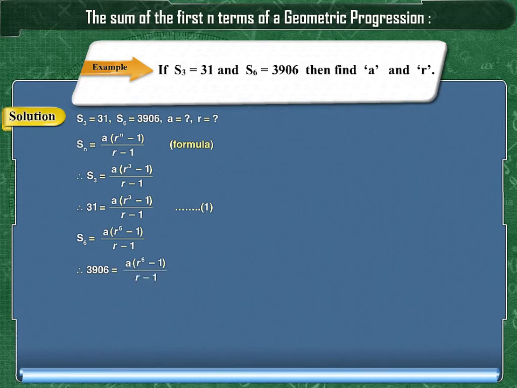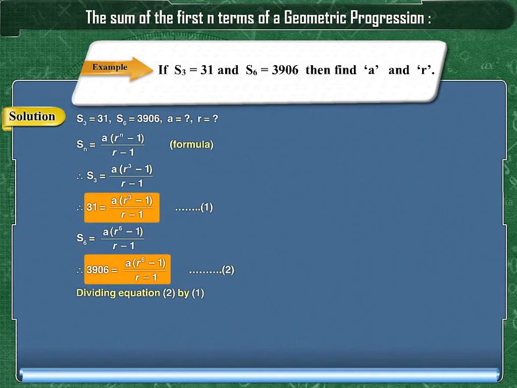Dividing S6 by S3, we get 3906 upon 31 is a into r raised to 6 minus 1 upon r minus 1 divided by a into r raised to 3 minus 1 upon r minus 1.